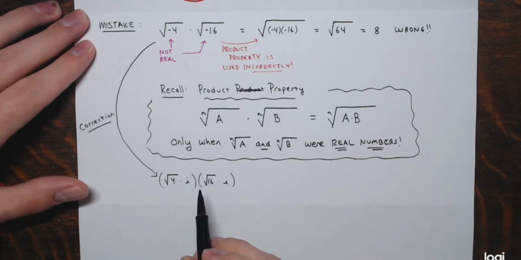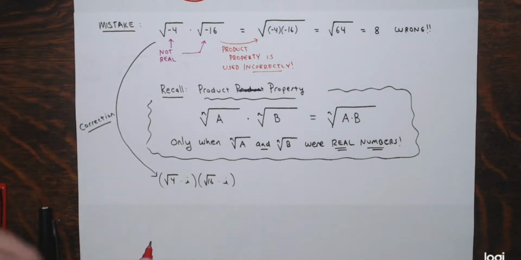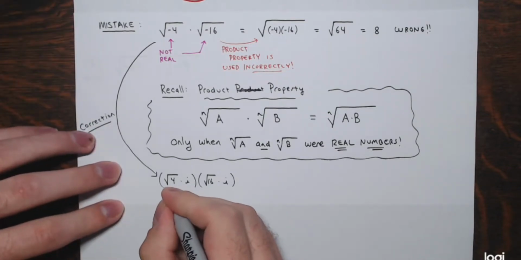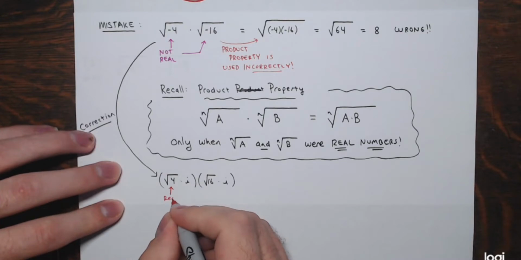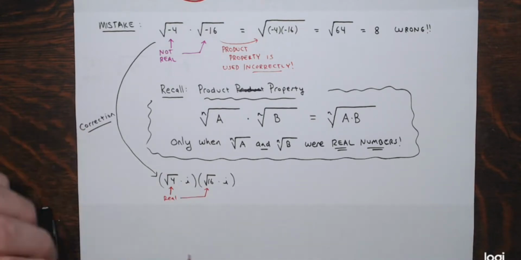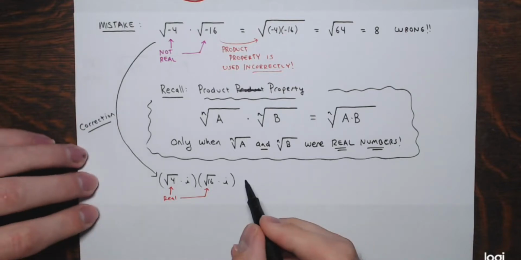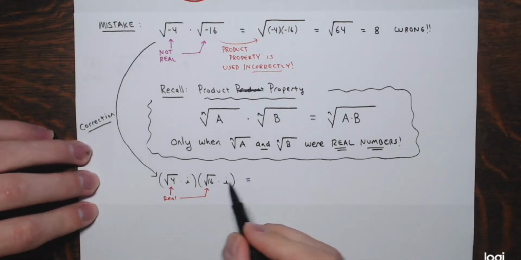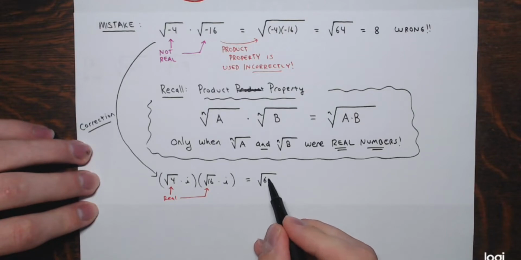These are real. The square root of 4 is real. The square root of 16 is real. So I could put those together. We get the square root of 4 times the square root of 16. That'll give me the square root of 64.